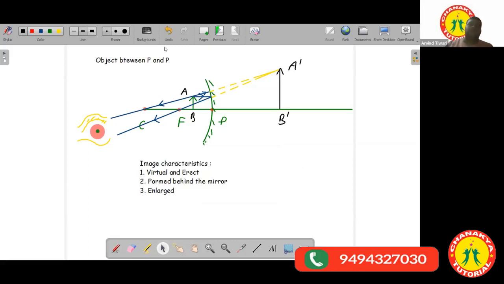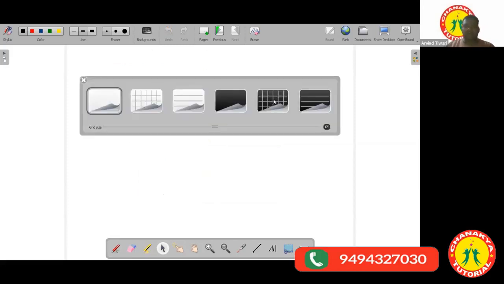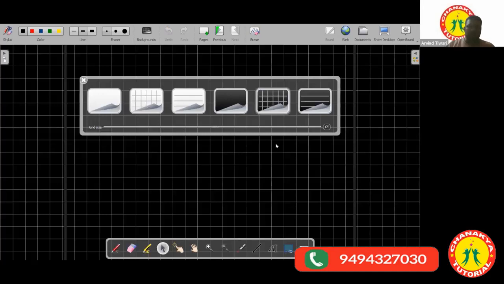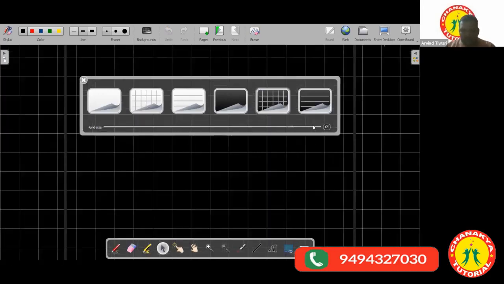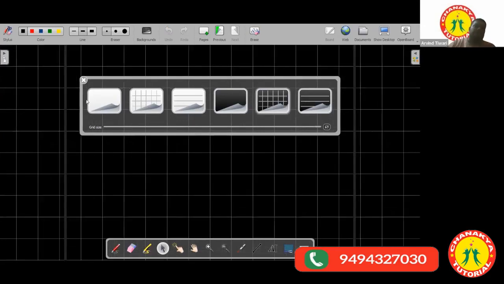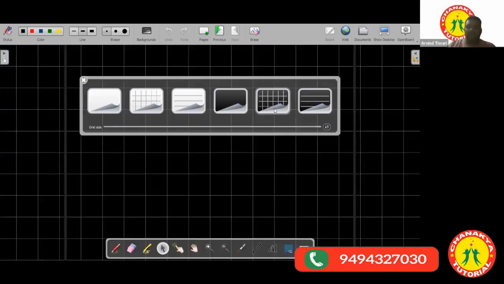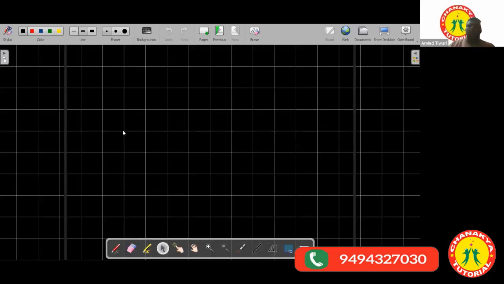Okay. So just in short, we will see all the points which we discussed. We will try to list all the points about the image formation by concave mirror.